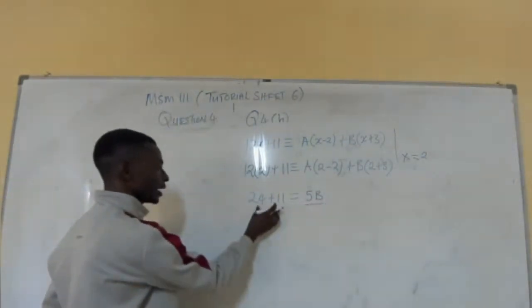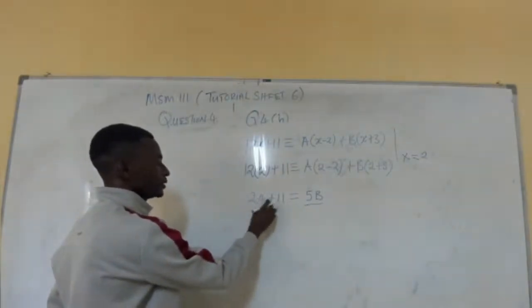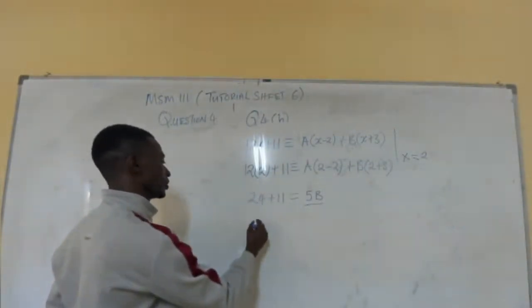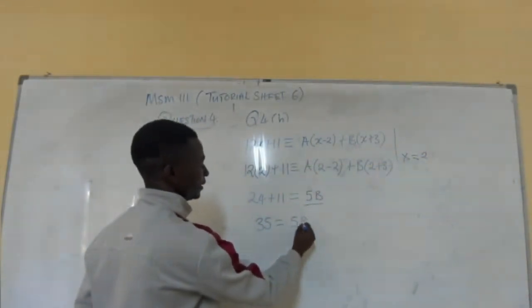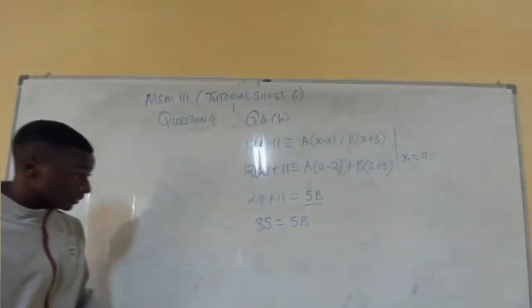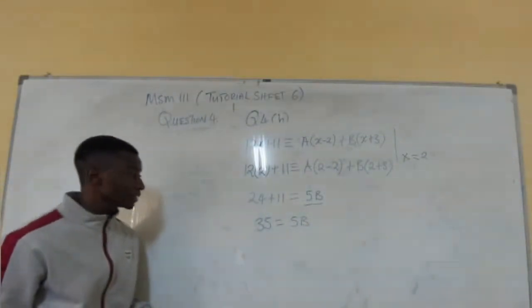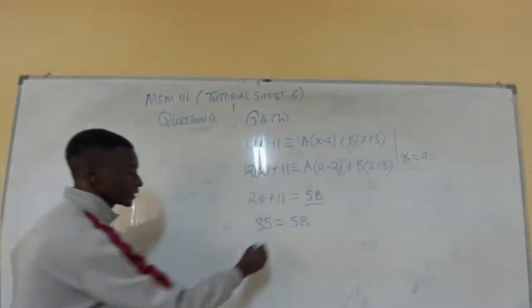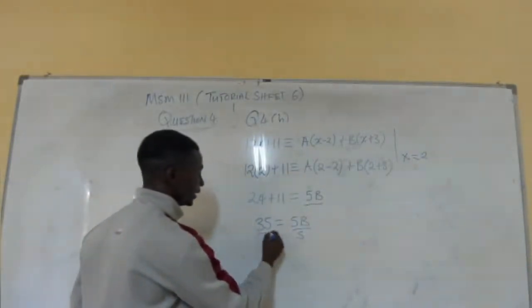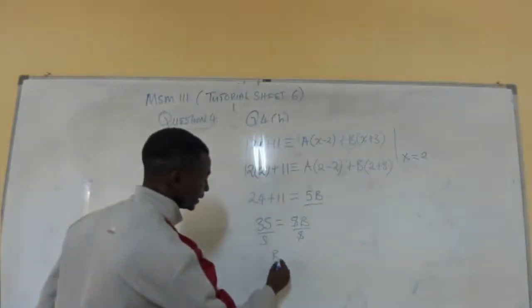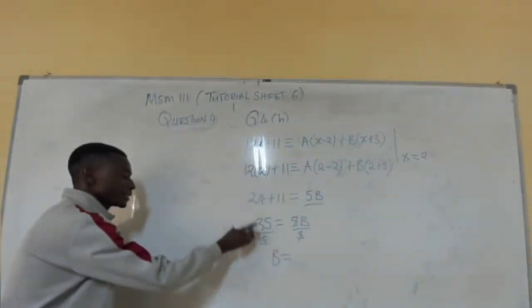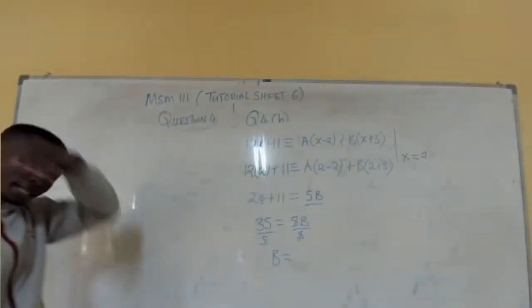Before you divide, you add: 24 plus 11 is 35. Now you divide by 5 on both sides, because our aim is to find the value of b. So b is equal to 35 over 5, which is 7.